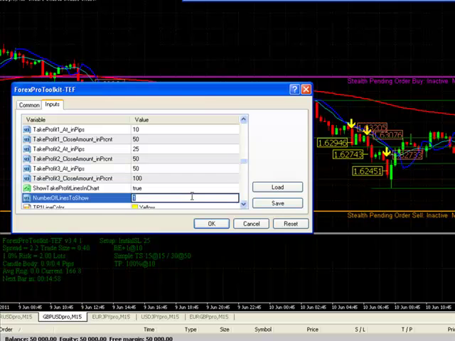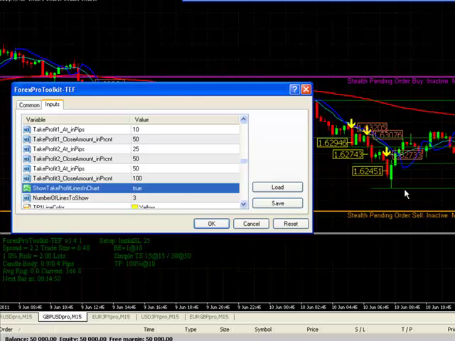If on the other hand you change this to 3 so that you have 3 lines showing up in your chart, it will put the first line at the suggested take profit point, the second line at a point half again the distance between your opening point and the suggested take profit point, and the third line at twice the distance between your opening point and your take profit point.